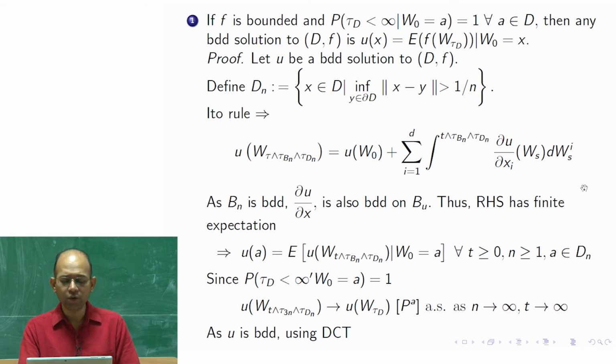So out of these d² terms, d² minus d terms would disappear, and the terms where i and j are equal would remain. However, that would also not contribute for one single reason: the quadratic variation of W_i with respect to W_i is just s, for every i it is the same s.